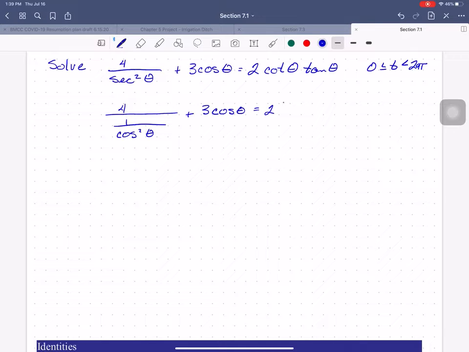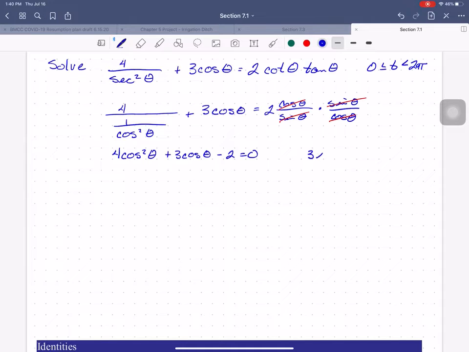Cotangent is cosine over sine, and tangent is sine over cosine. That's handy because these cancel. So what I really have here is 4 cosine squared theta plus 3 cosine theta minus 2 equals 0.